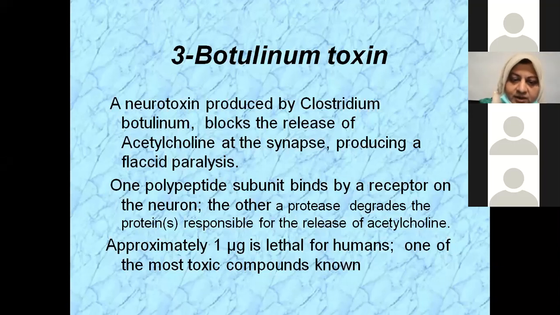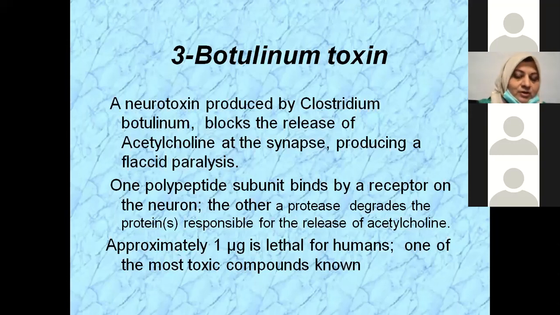It is a bacterium which is anaerobic, and it grows in anaerobic conditions. So with people who use canned food, if the cans are not properly closed and they are broken, then this type of bacterium germinates and produces this toxin. So this blocks the release of acetylcholine at the nerve synapses.